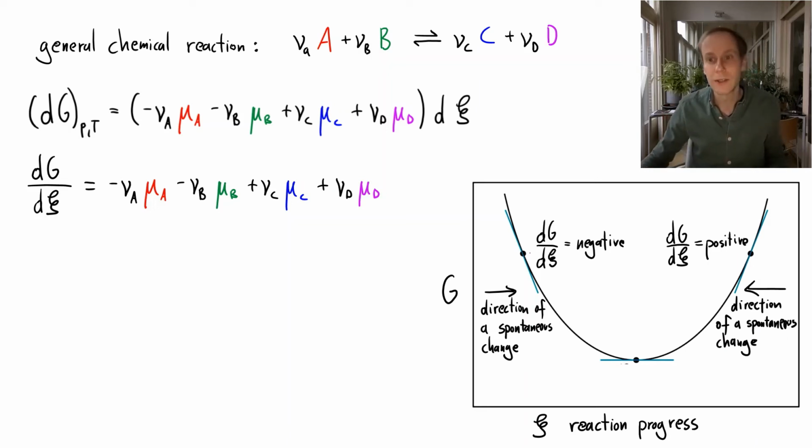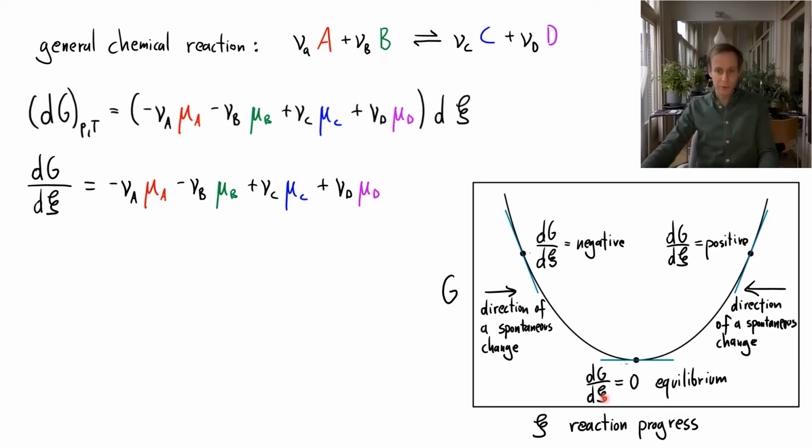So we are actually at a state where more products have formed than you would have at equilibrium, and therefore the reaction would produce reactants again rather than products, because the equilibrium of the reaction is down here, where the slope of the free energy with respect to the reaction progress parameter is 0. That's the equilibrium point for a chemical reaction, right?